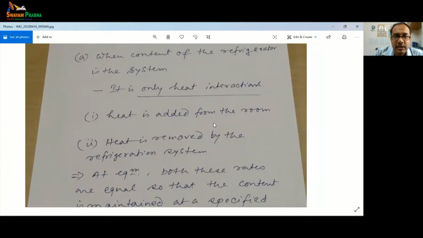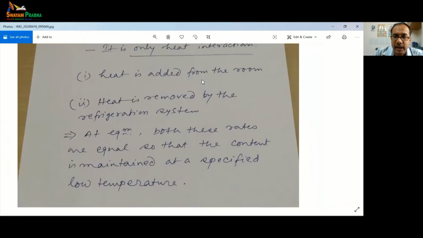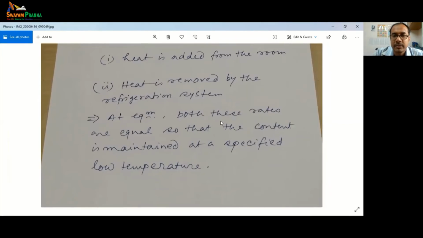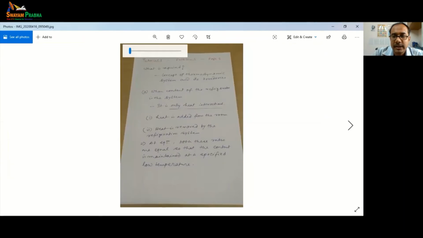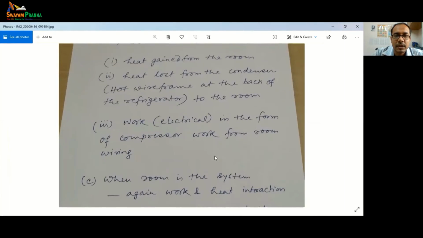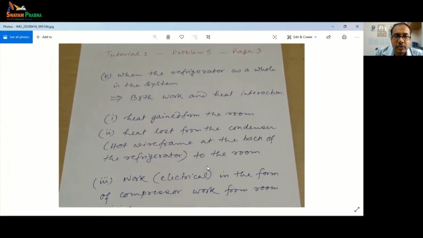So again, when the content is the system, it is only the heat interaction, and either heat is getting added from the room or it is getting removed by the refrigeration system. Now let's see the next case where we are considering the refrigerator as a whole as our system.